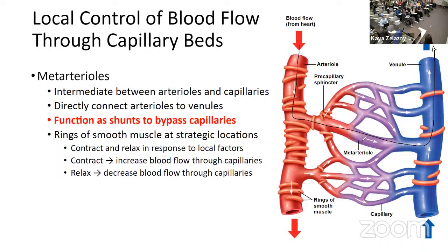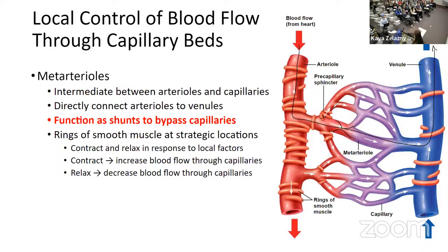Now, this means sometimes we're going to want to skip that capillary bed, and sometimes we are not going to want to skip that capillary bed. So the meta-arteriole has smooth muscle that can open it up or close it off. If you imagine this squeezing down, creating a little skinny radius, you could close off that meta-arteriole.